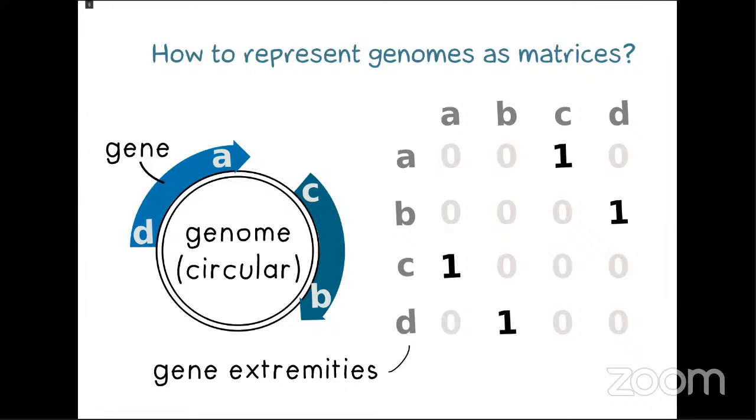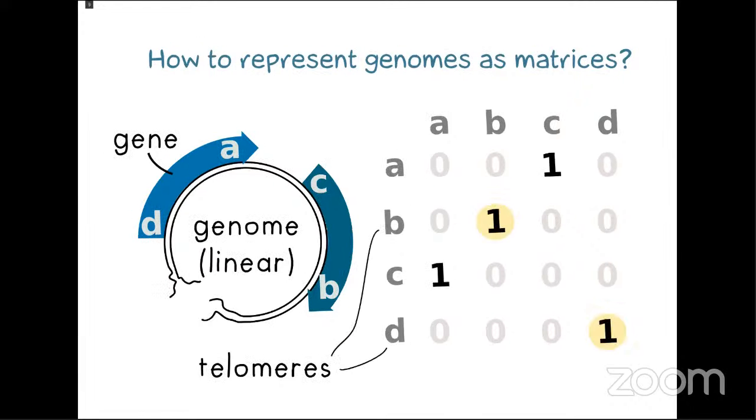And then the matrix is all zeros except for ones marking the adjacencies, okay? Extremities of genes that are consecutive to one another in the genome. So in this example, A and C, you have one denoting this adjacency, A and C, and another one is B and D. You also have one marking this correspondence. So you always have a symmetric matrix, all right?